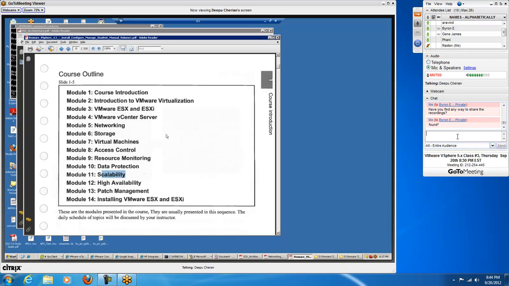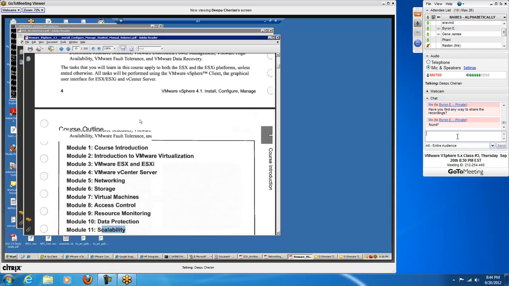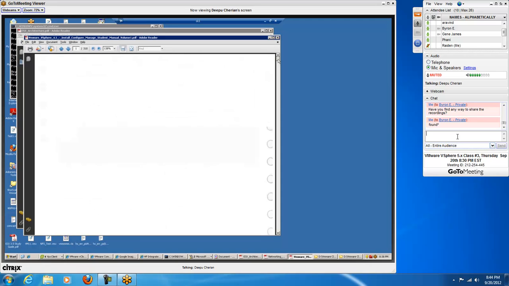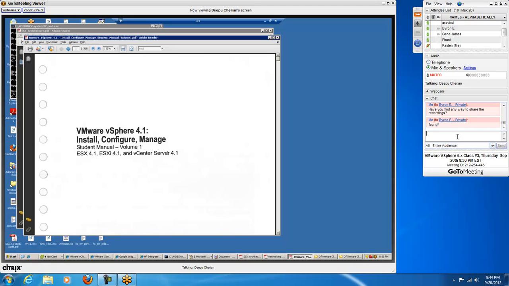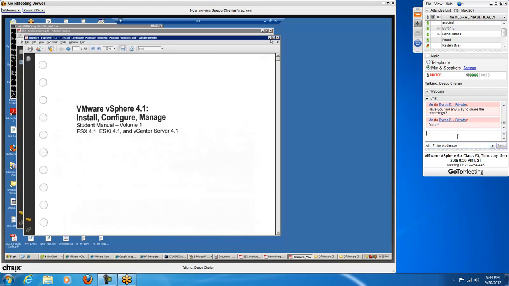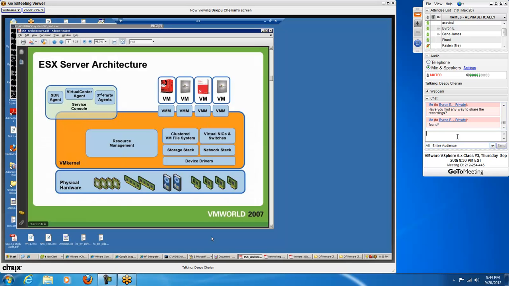And then the normal VMware vSphere install and configure, that is this book. This is the 5-day course. This is what everybody needs: install and configure and manage VMware ESX server or ESXi5 or vCenter, whatever that thing. That's a 5-day course that is required as per VMware, that is the main course.